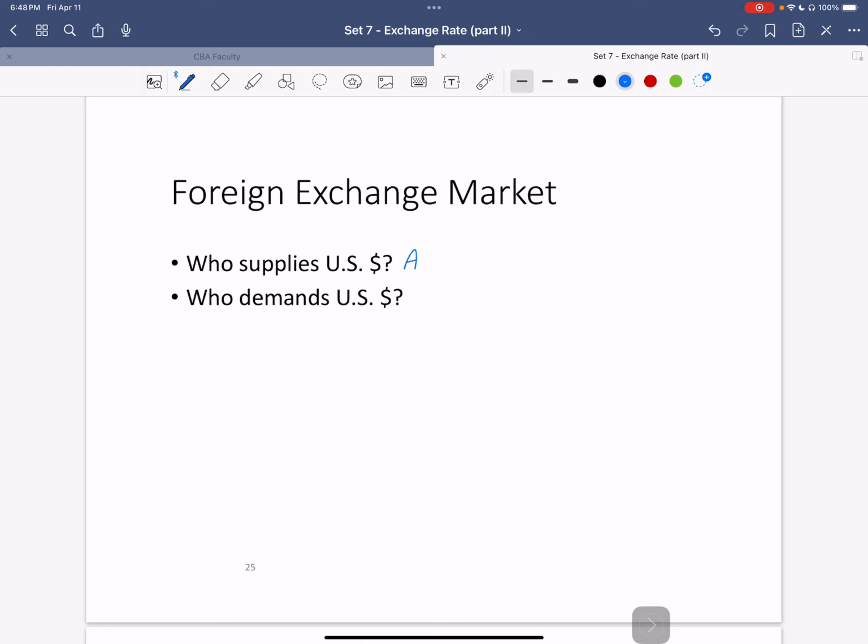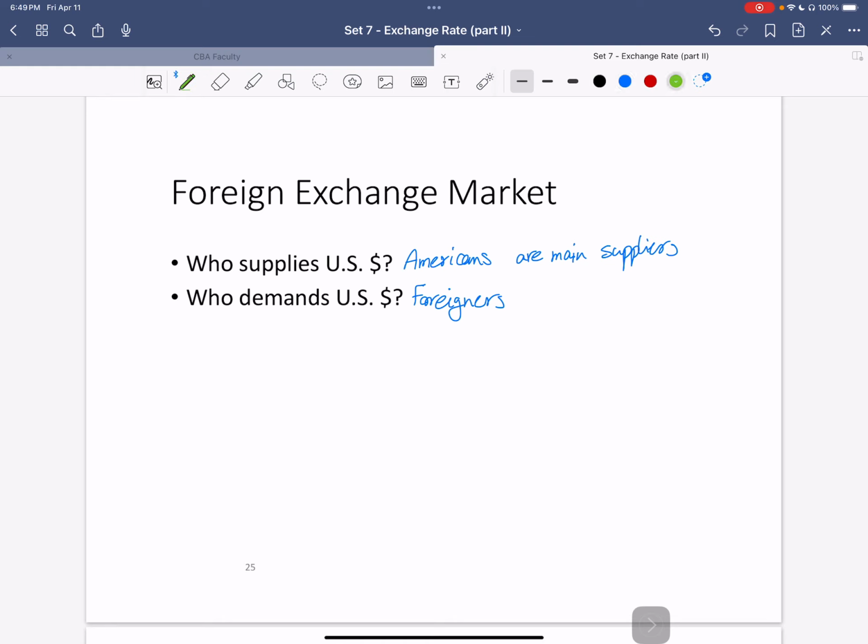So the supply side are the Americans, the main suppliers, and the people who need to invest inside the US or buy US goods and services, the foreigners, are the demand side of the market.